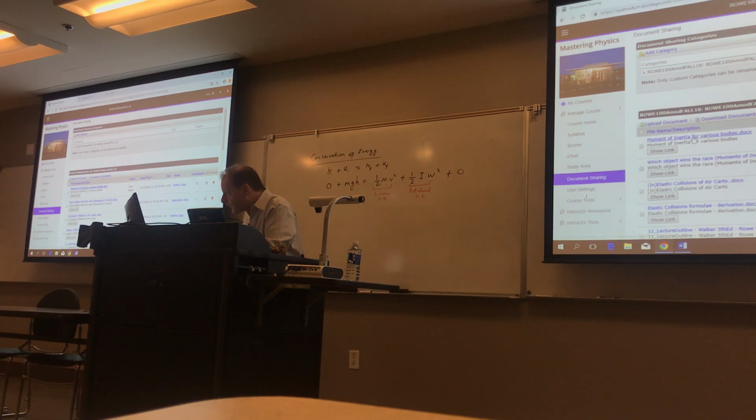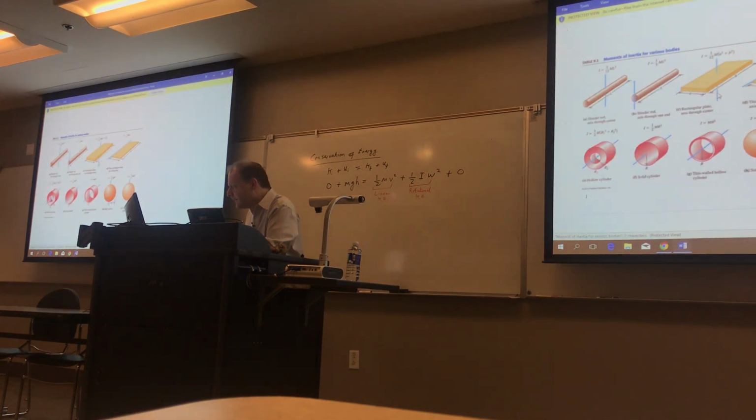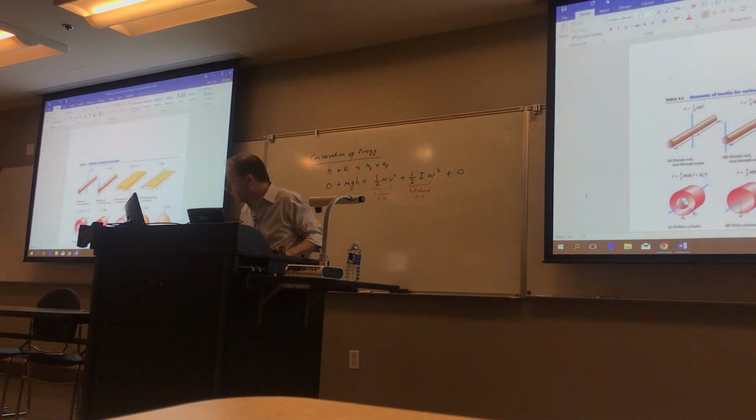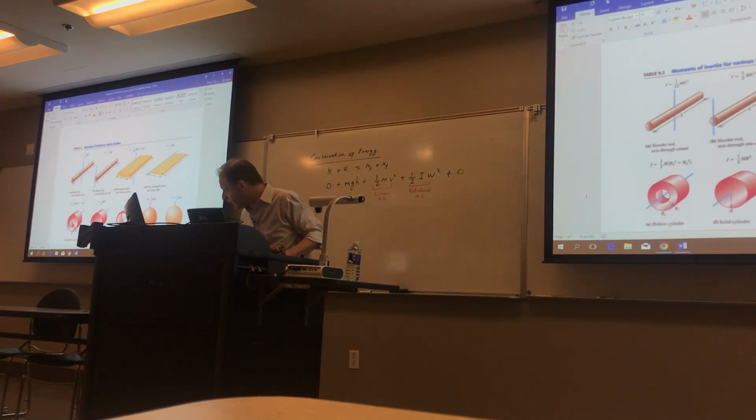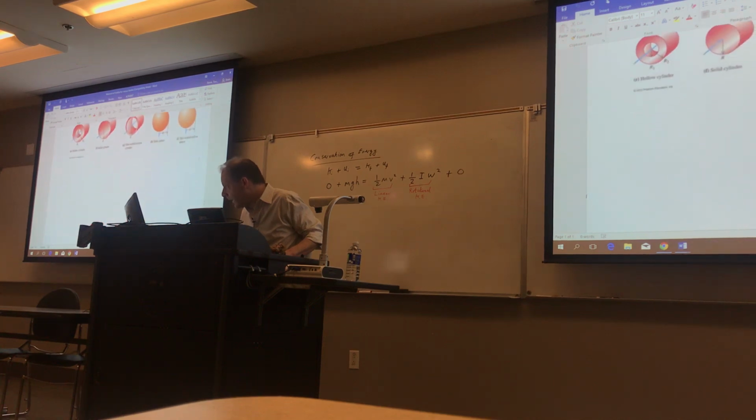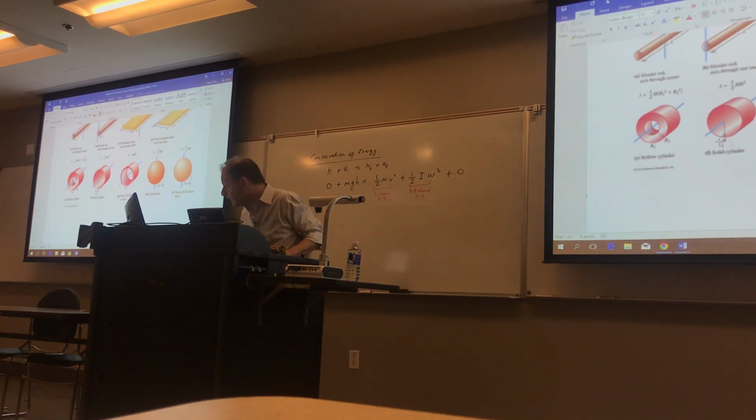So I've got moments of inertia for various bodies available here. For example, a hoop. You can think of a hoop as being somewhat like a hollow cylinder, the thin-walled hollow cylinder.